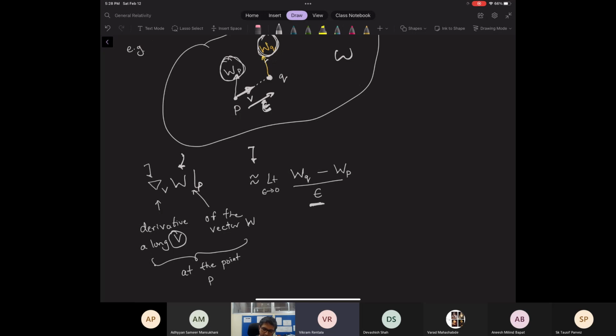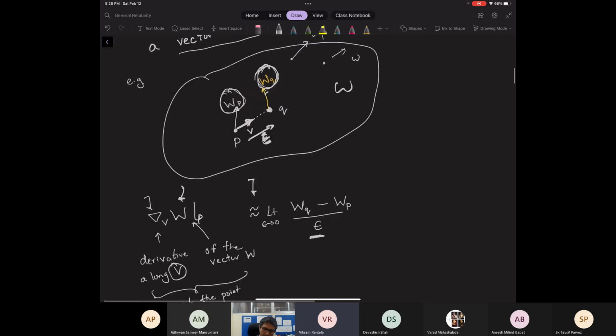In that limit we want the difference between W of Q and the vector W of P, to see how much this vector has changed when I compare it to this vector. Roughly, this is what you would think of as a directional derivative of a vector field.